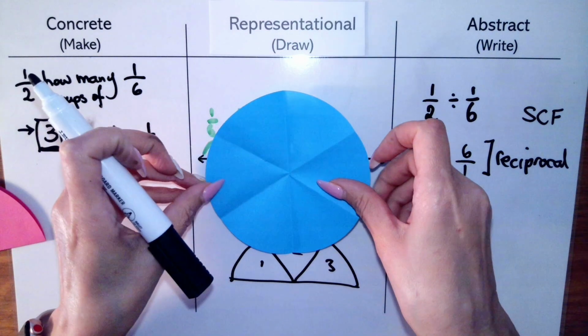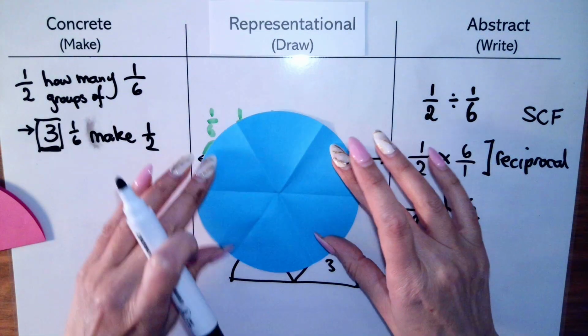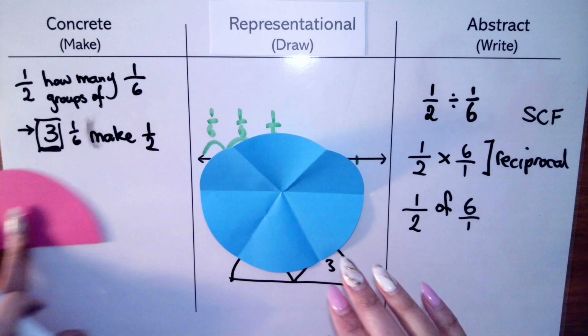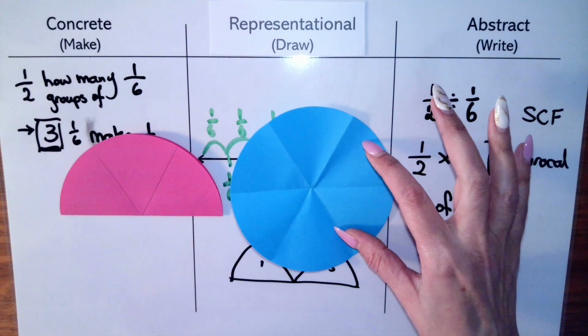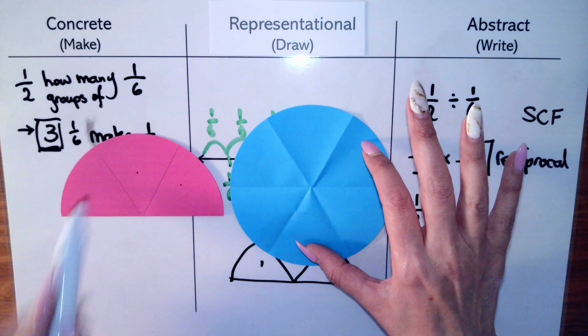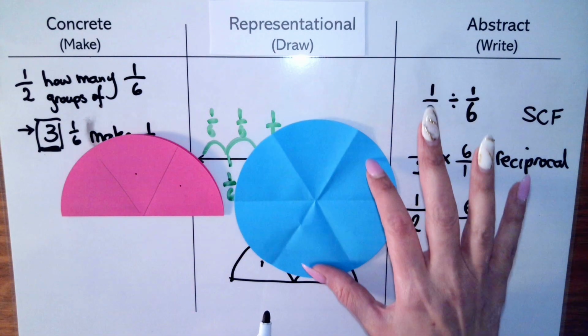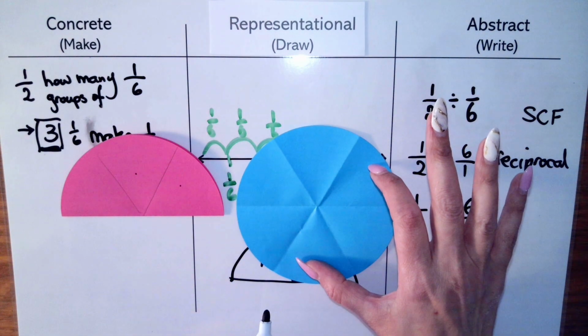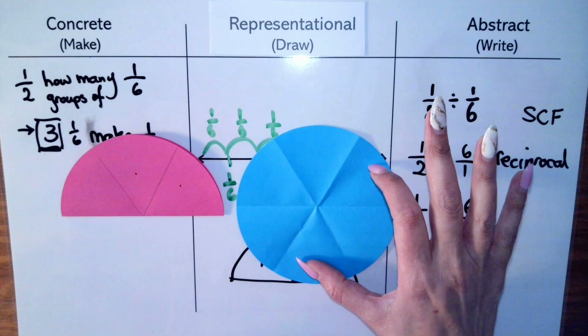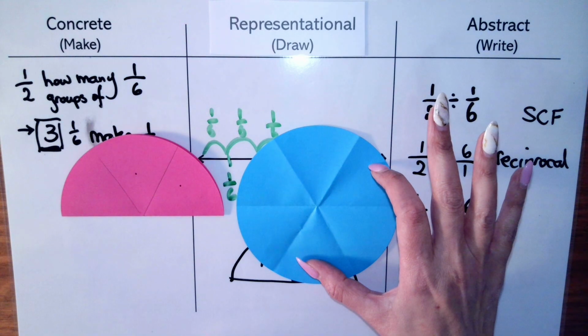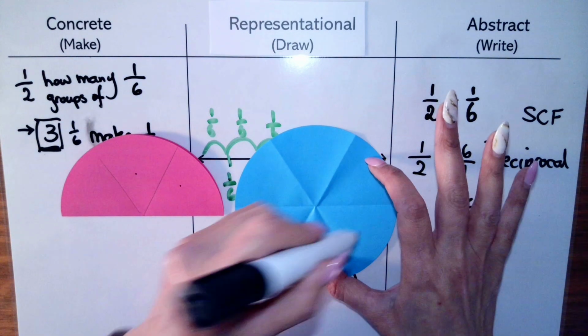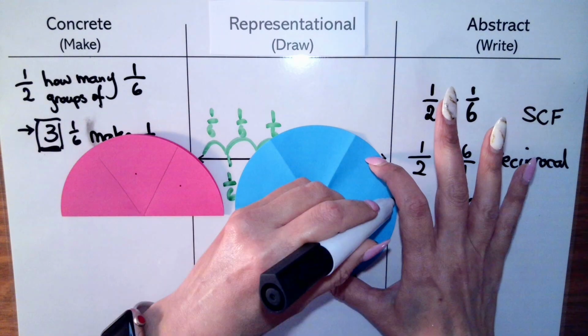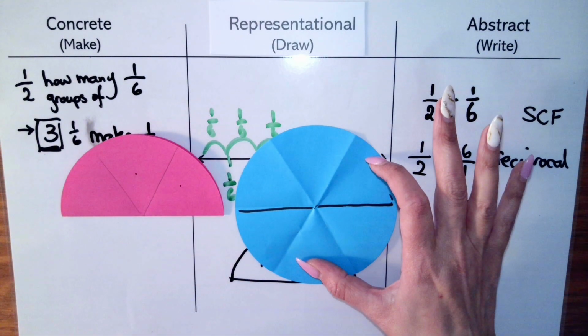If I open this back up again, when I say 1/2, how many 1/6, 1, 2, 3, I can also change that language and say, because multiplication and division are inverse operations, what I'm actually saying is: if I had my whole, what is half of that whole if I have divided my whole into 6 parts?